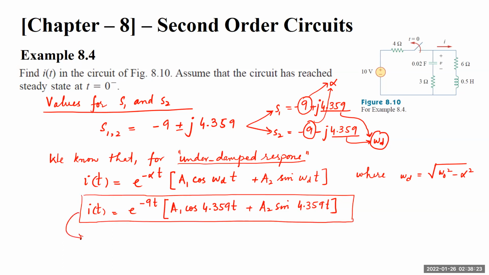Now the step is, we have to find the values of A1 and A2. So how are we going to find the values for A1 and A2? This is the new thing.